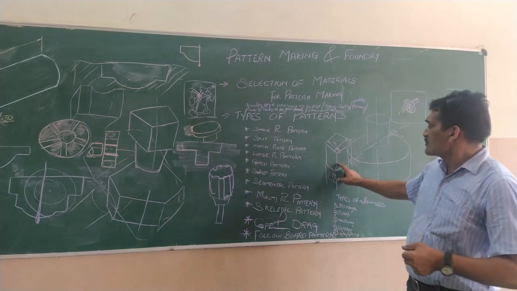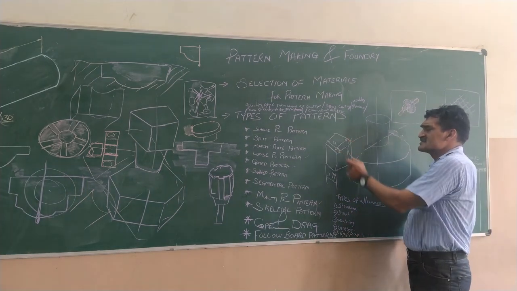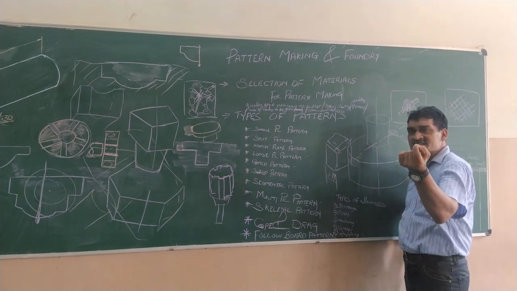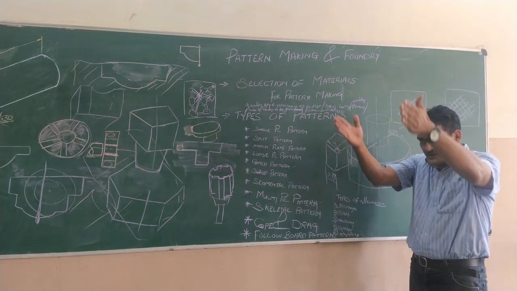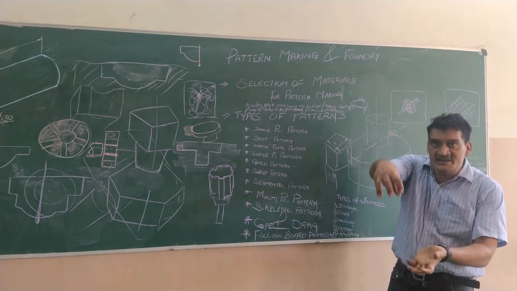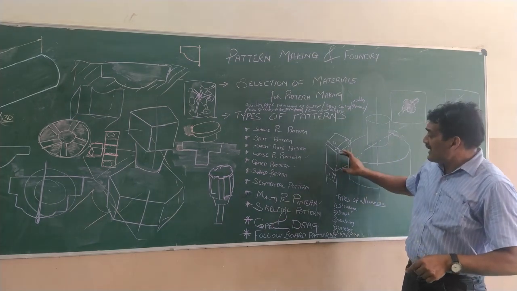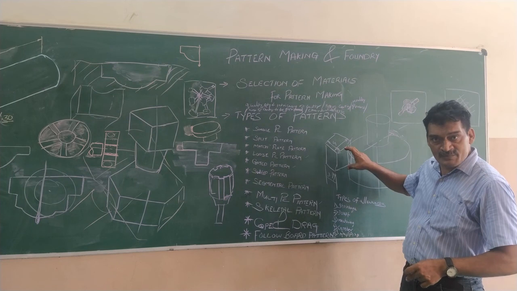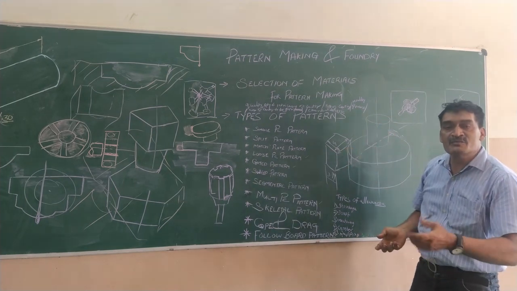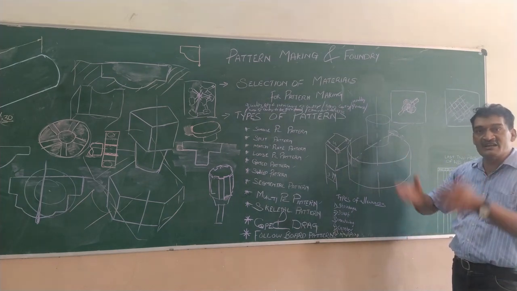So what we do is, we give a small taper. Here if it is 3 inches, we make it here 3.99 inches. Very minor change. So, there is a small taper along the length. Now when you tap and try to remove the pattern, it easily comes out. So, this minor taper given longitudinally to a pattern so that it can be easily extracted from the mold cavity is called draft allowance or taper allowance.